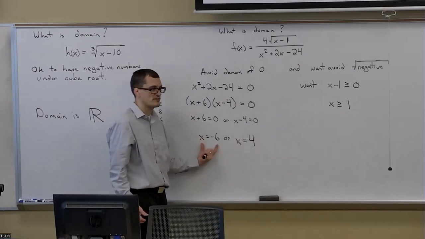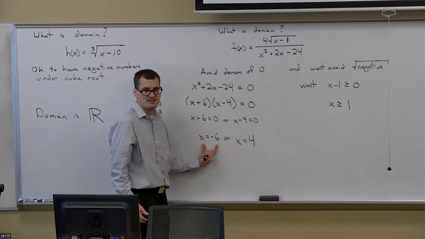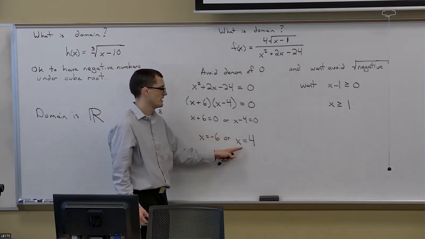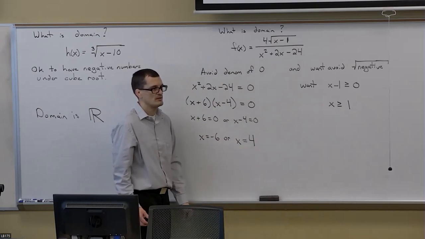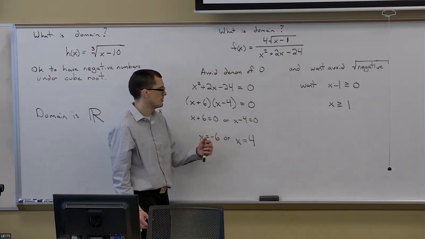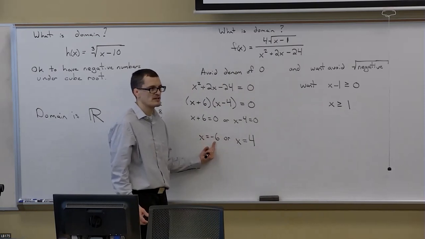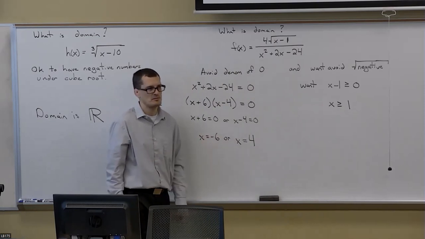Technically, the -6 is less than 1, so I don't even have to worry about it, but you have to be 1 or more and avoid 4. Being 1 or more already avoids the -6. That makes sense?